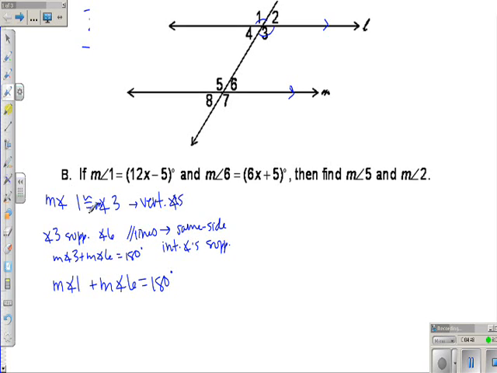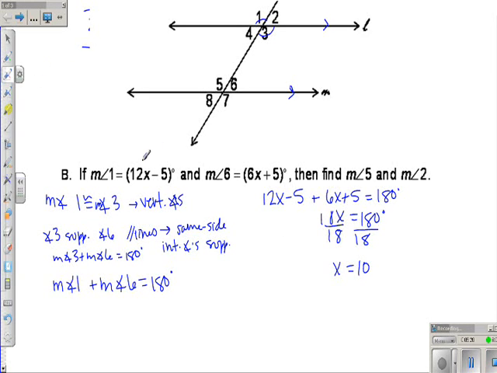So if you substitute angle 1 in for angle 3, 1 plus 6 is 180 degrees. So at this point, we could say 12x minus 5, which is our angle 1, plus 6x plus 5, which is angle 6, equals 180 degrees. And you know x equals 10.